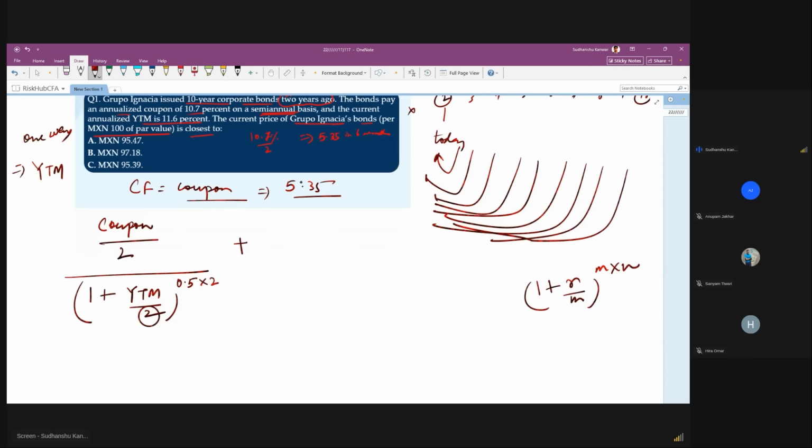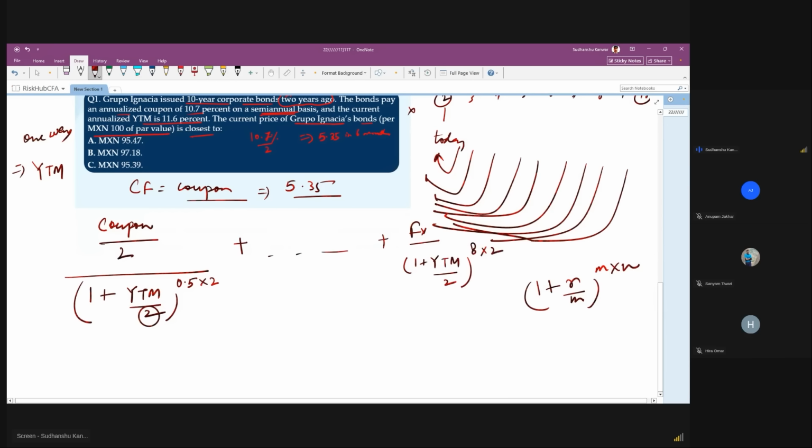All 16 cash flows, and the last one will be my face value. There also I have to do the same thing, 1 plus YTM divided by 2, raised to 8 into 2.